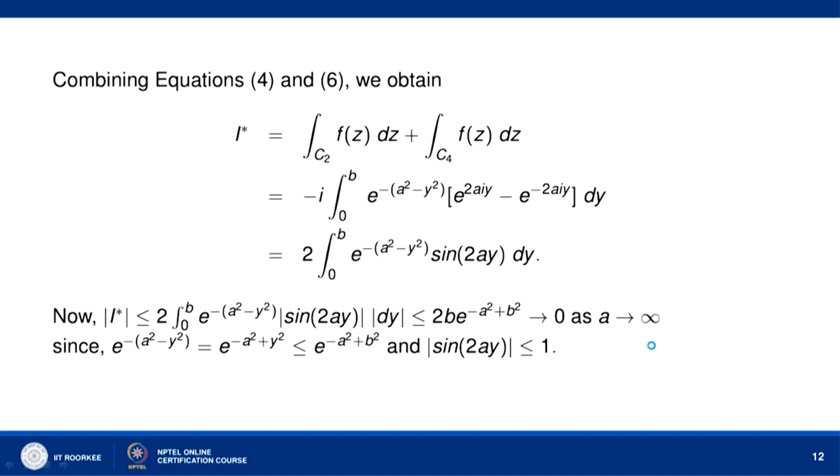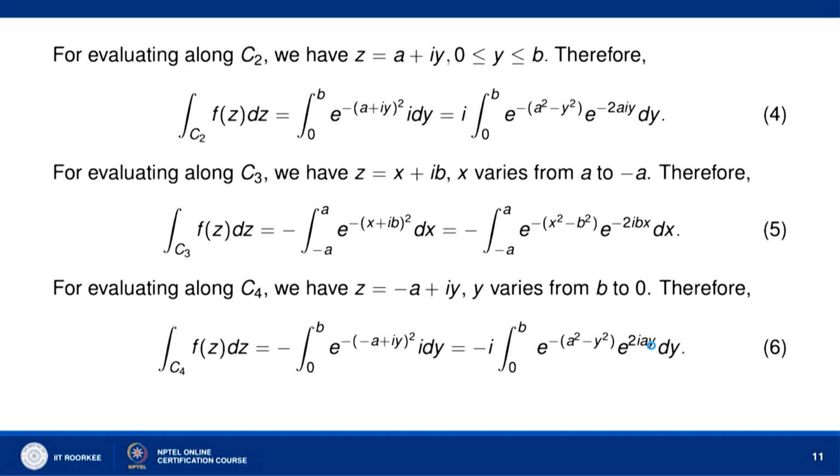Okay. Now let us combine equation 4 and 6. Okay. 4 is this and 6 is this. When you combine C2 and C4, what do you get? You notice that e to the power minus a square minus y square is the same here. So let me combine integral over C2 plus integral over C4 f(z) dz.